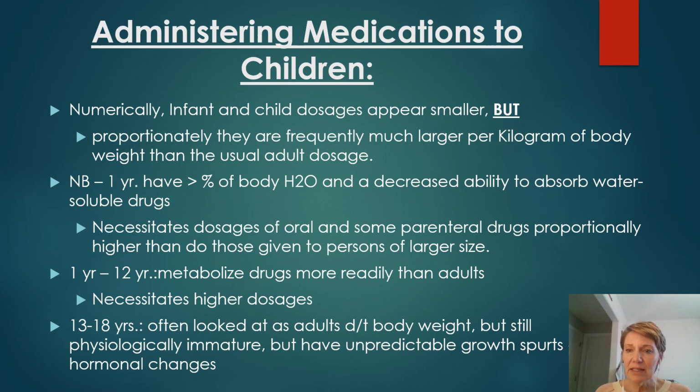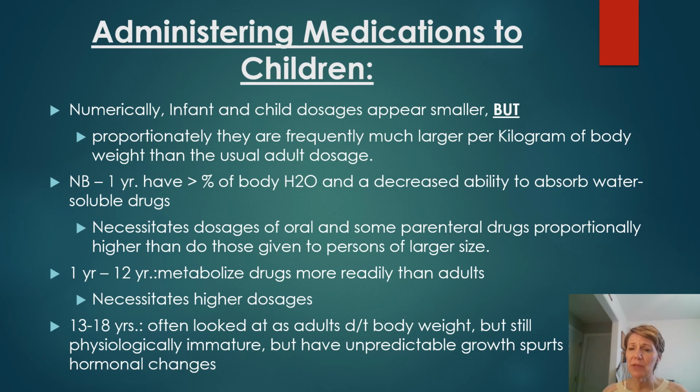However, what's important for you to understand is that proportionately based on the weight of the child, the doses are much larger when we look at the amount we give per kilogram of body weight than we would for an adult dosage. So these children are getting technically a higher dose per body weight and therefore much more of that medication per their size than an adult would be getting.